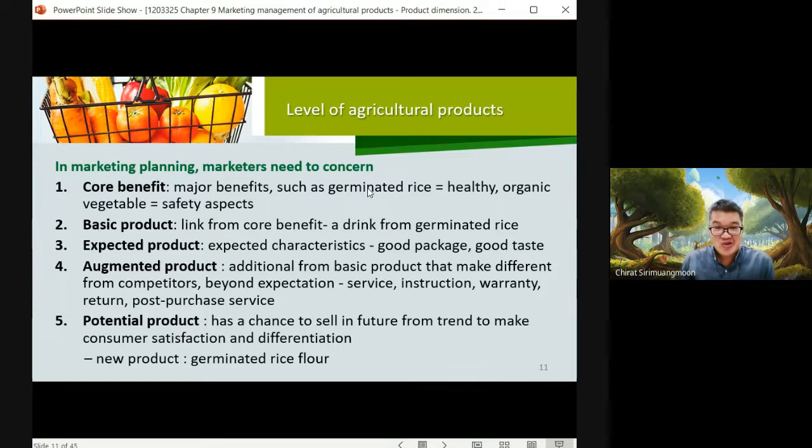Levels of agricultural products. In marketing planning, marketers need to be concerned with different levels of agricultural products. The most important one is the core benefit. The core benefit is the ultimate or final goal of the product. Like when you consume germinated rice. To be clear, germinated rice has something special.